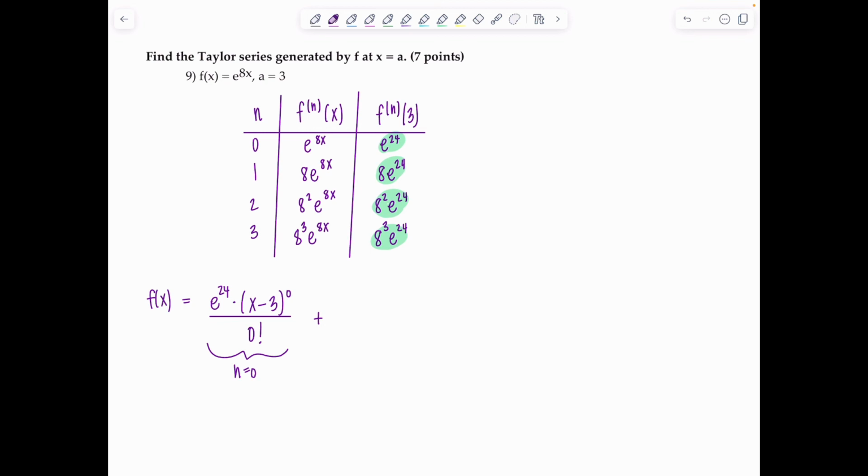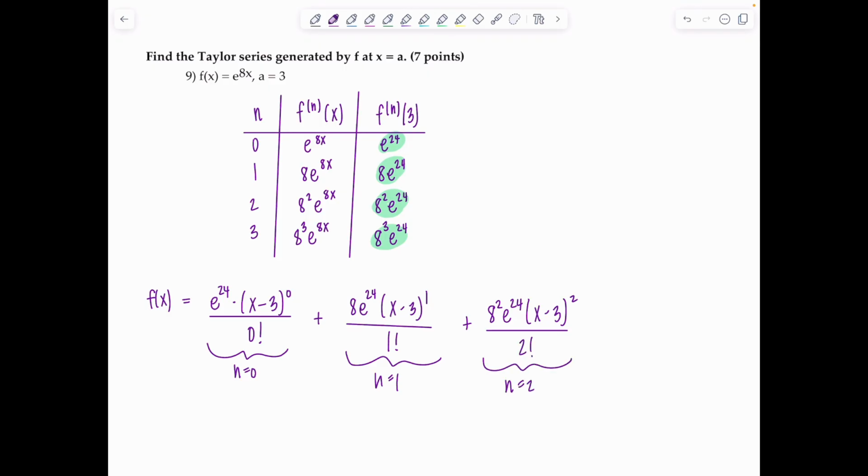So for n equals 1, I have 8e to the 24th, x minus 3 to the 1st over 1 factorial. This is for n equals 1. Plus 8 squared e to the 24th, x minus 3 squared over 2 factorial. This is n equals 2.